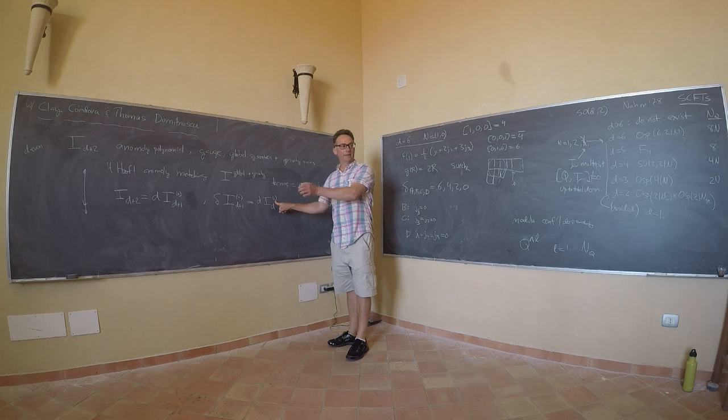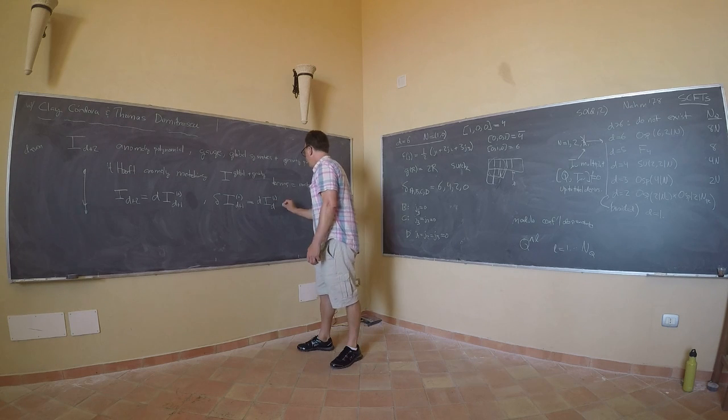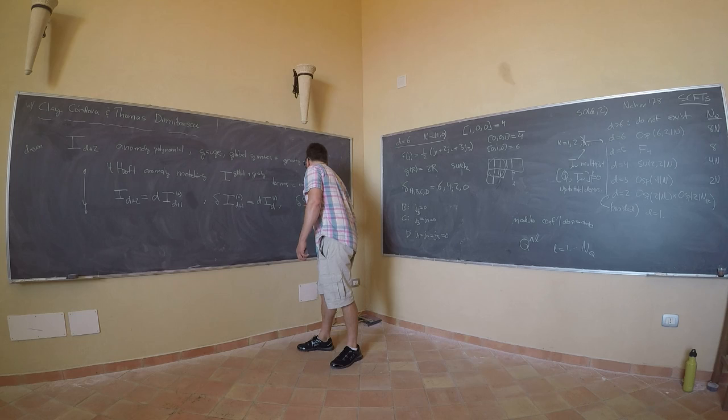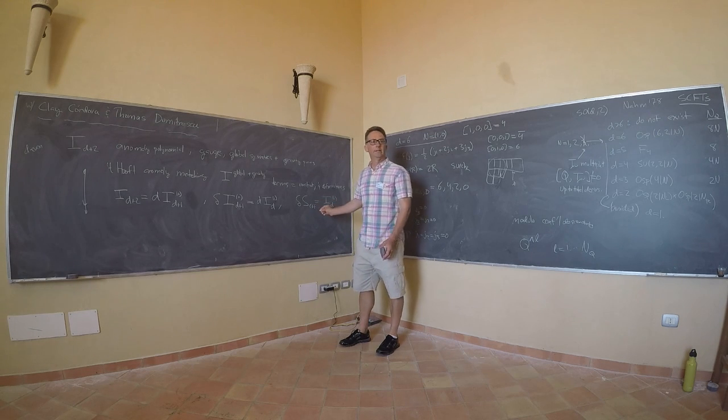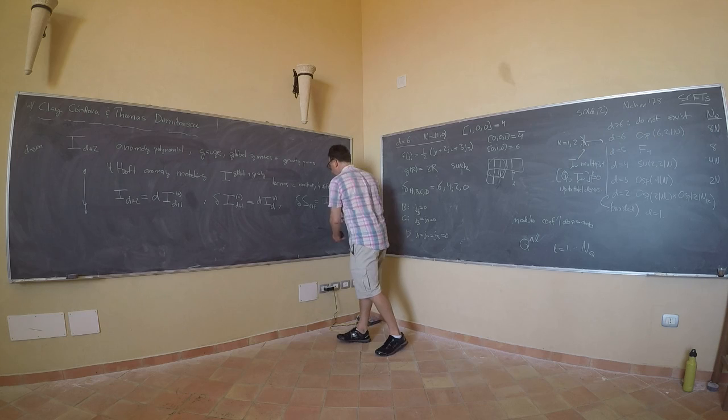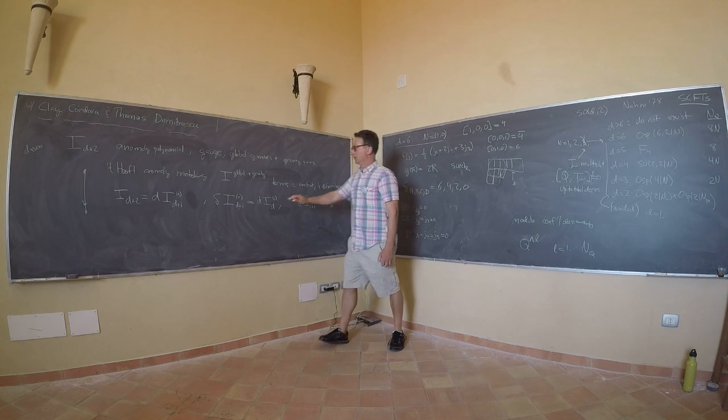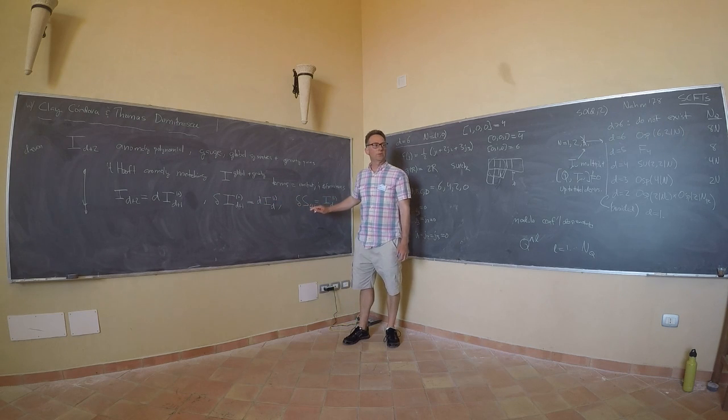So this would be like the gauge parameter if we're doing a gauge transformation, and the change in the effective action is basically this thing. So this is the descent description of anomalies.